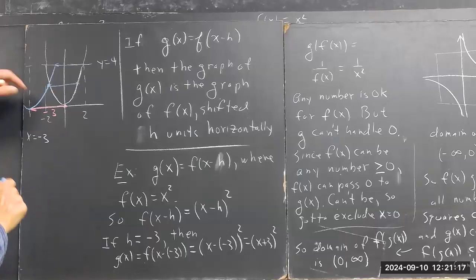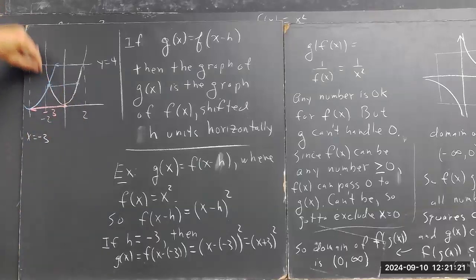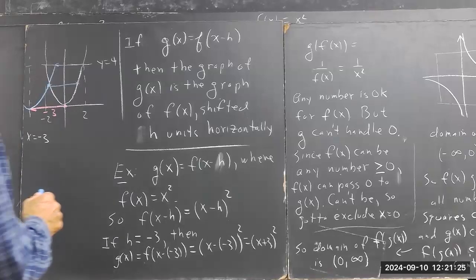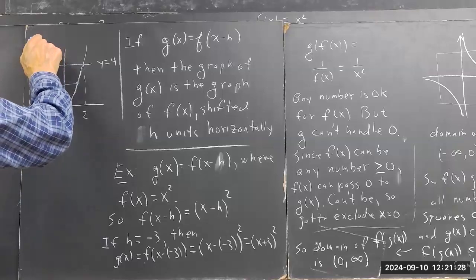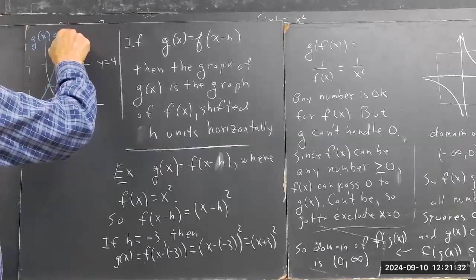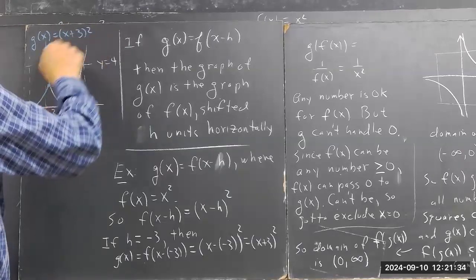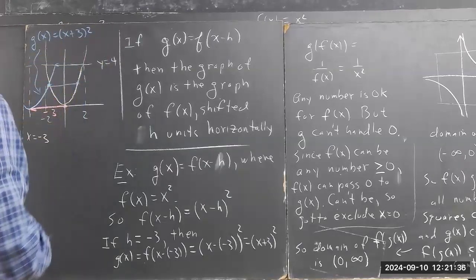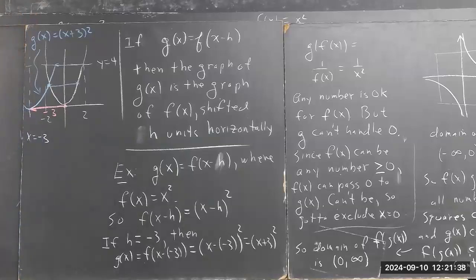And of course, it's going to be symmetric about the other side. I don't have enough board to do this half of the parabola. But here is the graph p of x equals x plus 3 quantity squared. Okay.